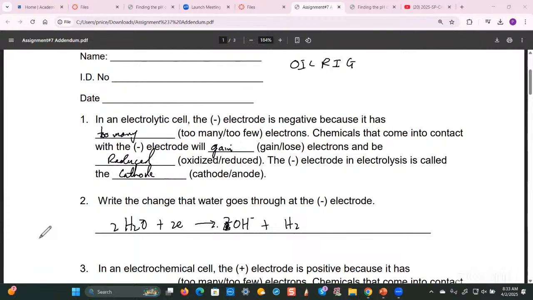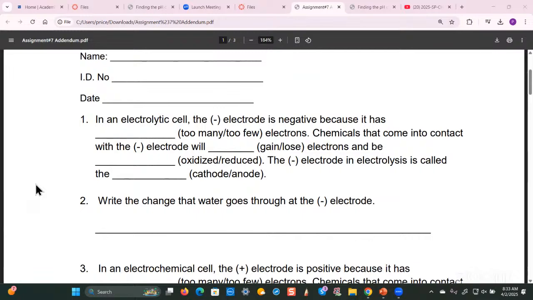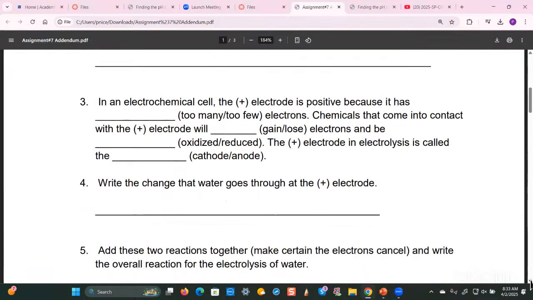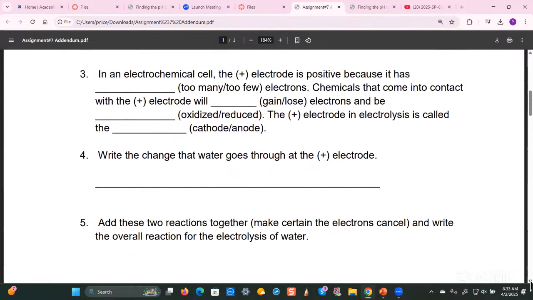Any questions so far? Okay, let me clear this now so I can scroll down. So let's see if you can answer number 3. In an electrochemical cell, the positive electrode is positive because it has too few electrons.